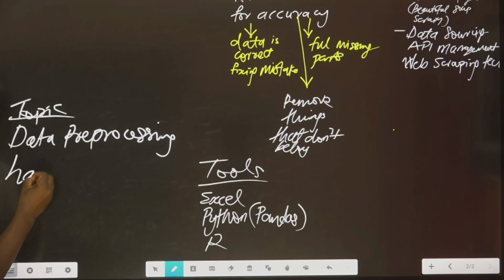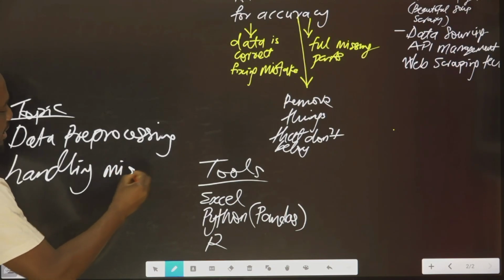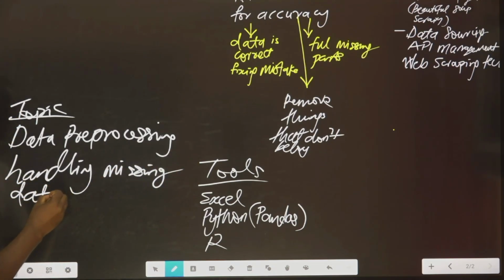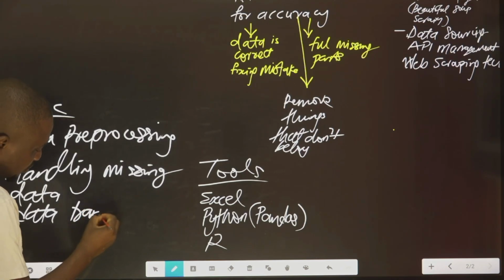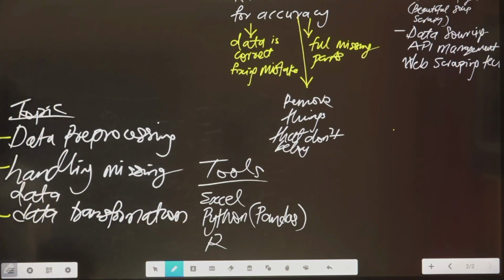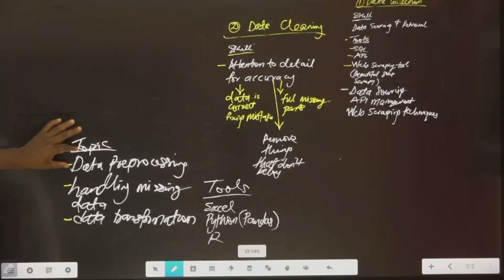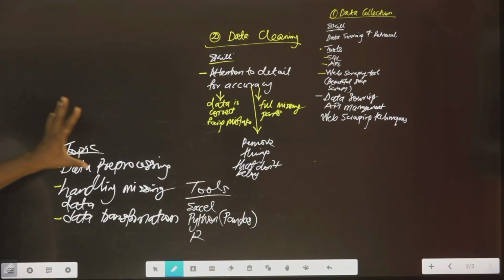You must know how to handle missing data. Finally, data transformation. Okay? These are the topics you should get yourself abreast with, okay? For data cleaning. Hope you understand this too.